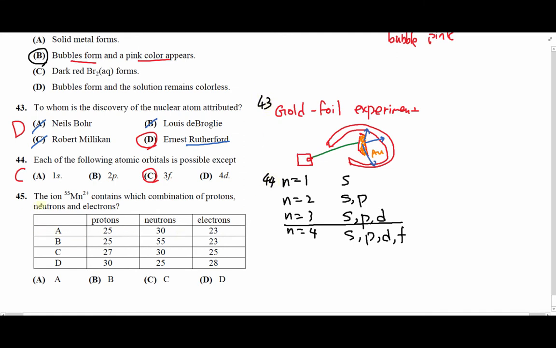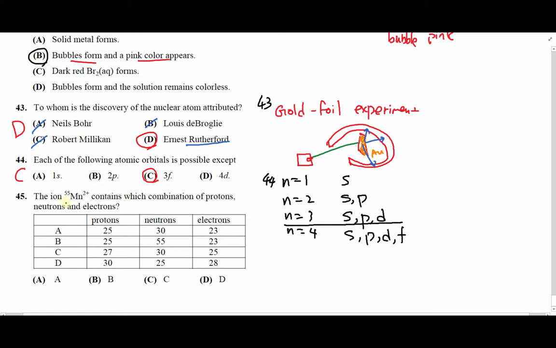Okay, number 45. The manganese 2+ cation contains which combination of protons, neutrons, and electrons? This is a very easy problem. Just be careful that the numbers of neutrons and protons make up the atomic mass.